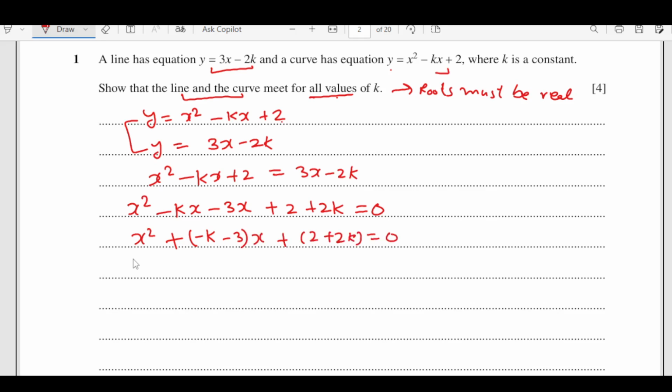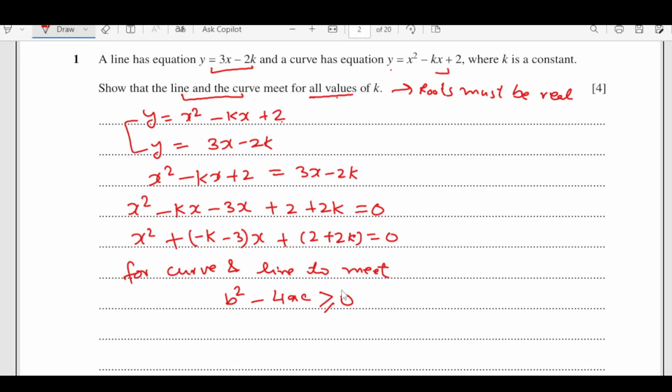So for the curve and line to meet, we should have discriminant greater than or equal to 0, right?